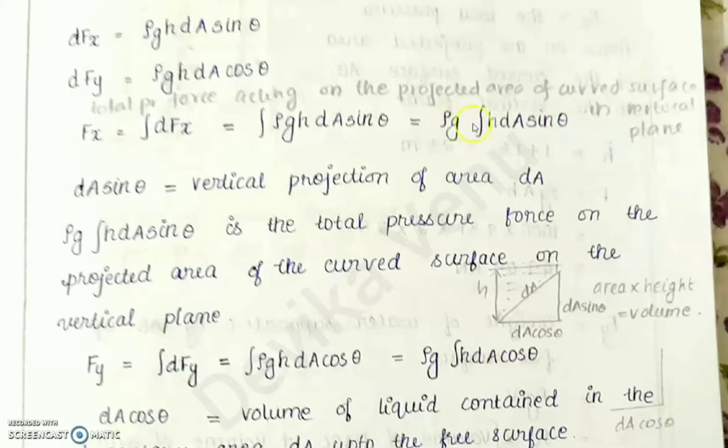It is nothing but rho g A h bar, where instead of A you substitute dA sin theta. It is just like finding the total pressure force on a vertical plane surface. To find Fx, you apply the equation for the vertical plane surface, putting the projected area A sin theta instead of A. I hope this is clear.